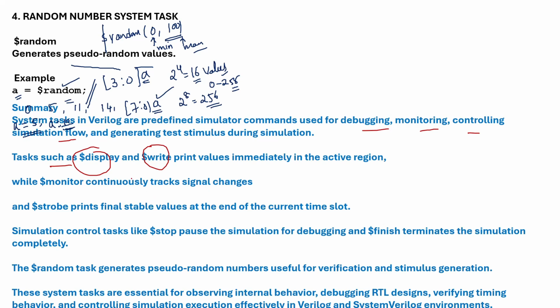$display and $write are executed in the active region, so remember that. Whenever you write $display or $write, both are the same, they are executed in the active region only.